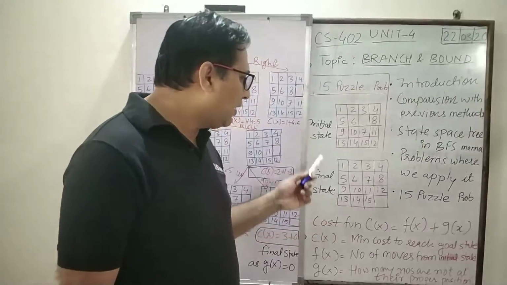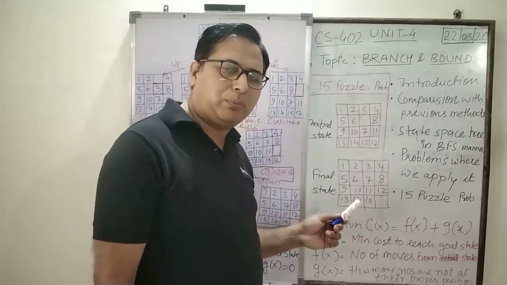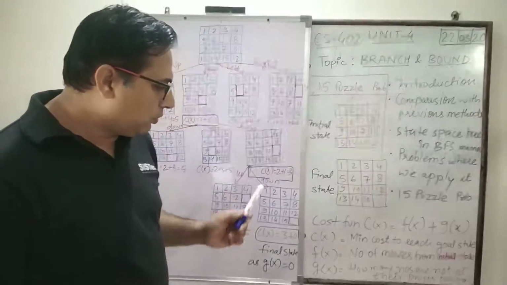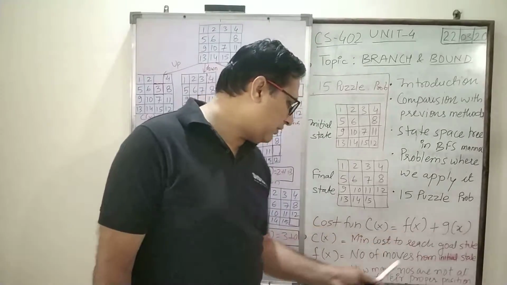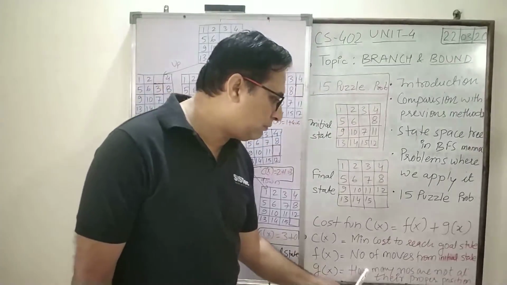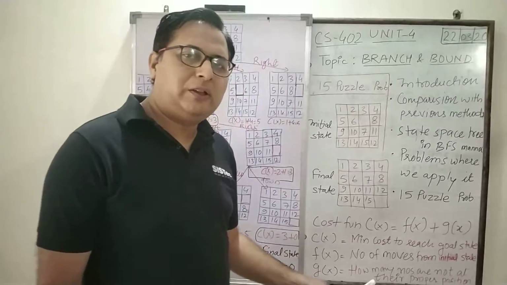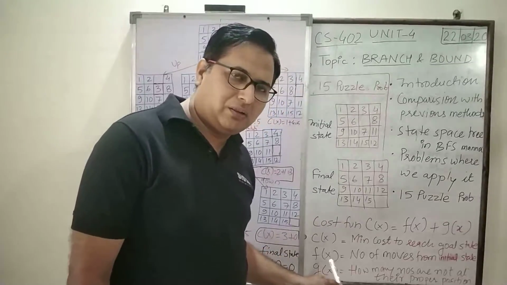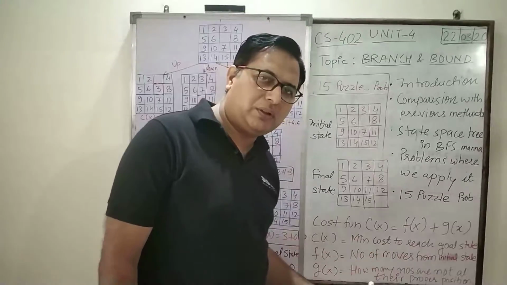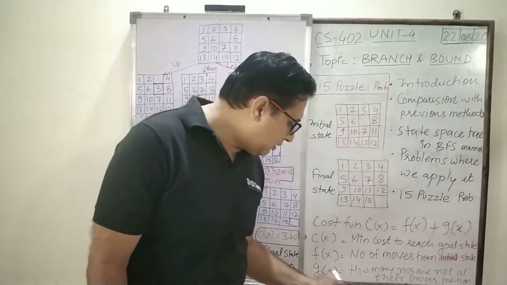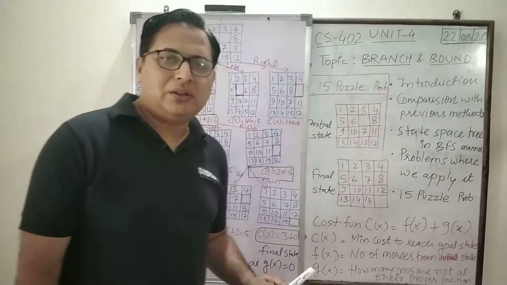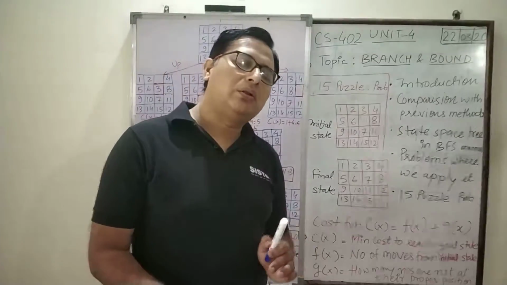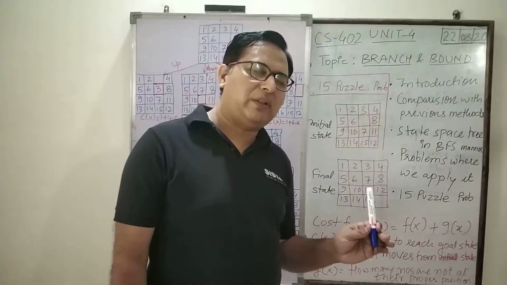The goal state means every number has its proper position. For calculating this cost function, we take f of x and g of x, where f of x is simply the number of moves from the initial state. I will clear it up by solving this problem as an example. g of x is how many numbers are not at their proper position. These are the two factors for calculating c of x.